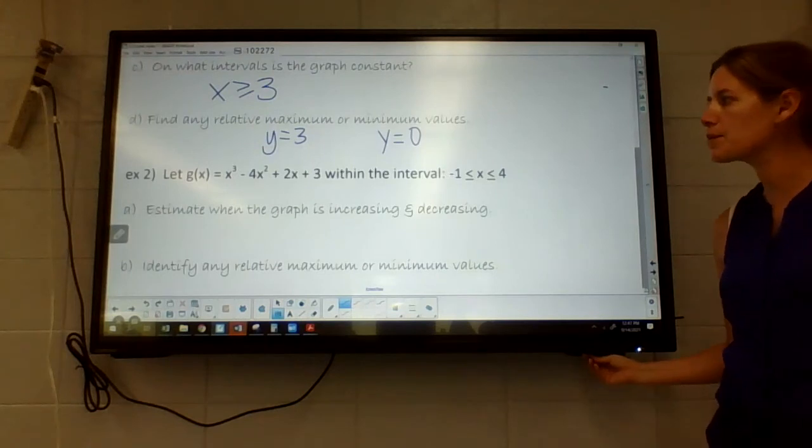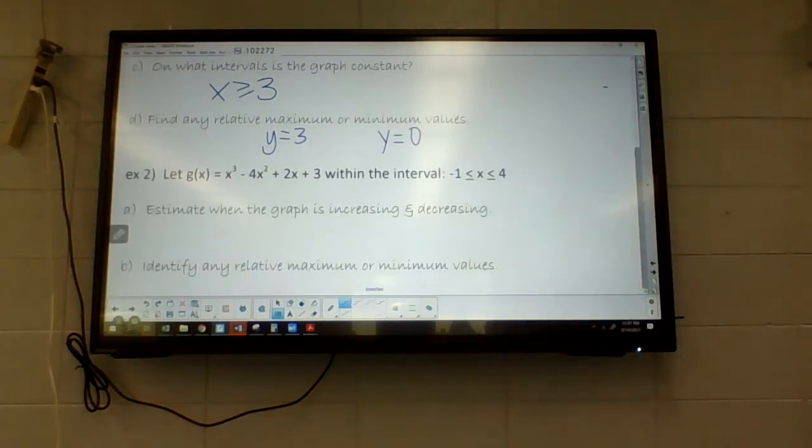All right, so this next problem, I want you guys to graph this, and we're going to use this interval, like this window. You don't have to change your window, but you don't care about anything smaller than -1 or greater than 4.